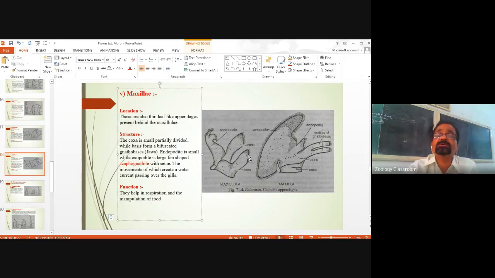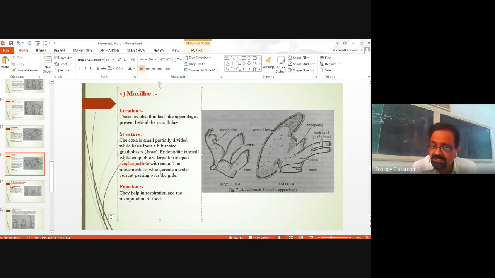So this is the function: they help in respiration and manipulation of food as such. As these spiny structures are present here, these gnathobases, such spiny structures are also present here. So these also assist in manipulating the food, or pushing the food towards the mouth. So these are the 5 different cephalic appendages. I repeat once again.